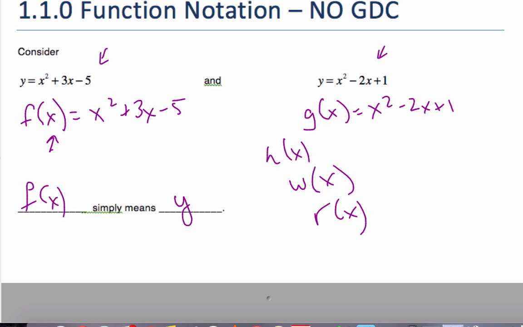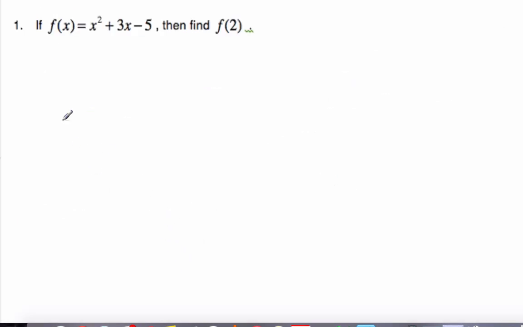All right, so let's try an example. So if f of x is this equation, then find f at 2, is how we say that. What does this mean? Okay, so I am going to use the f of x equation given, and then the x value has to be 2. Because I can see that the 2 is in the same place as the x in the notation.